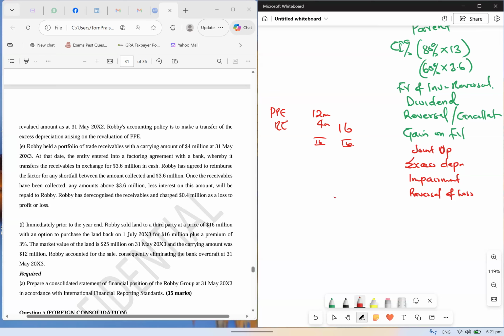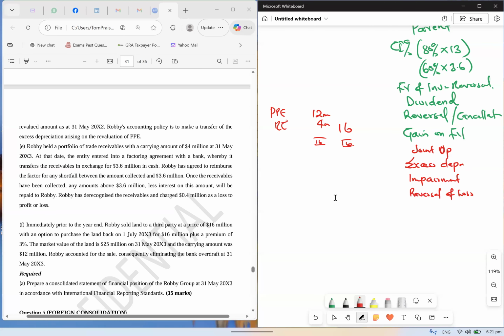So if this thing had been done at a certain date, we would have been calculating 3% on the loan. But it looks as if everything is on 31st May. So it didn't happen in 20x2. Other than that, you'd be calculating 3%.